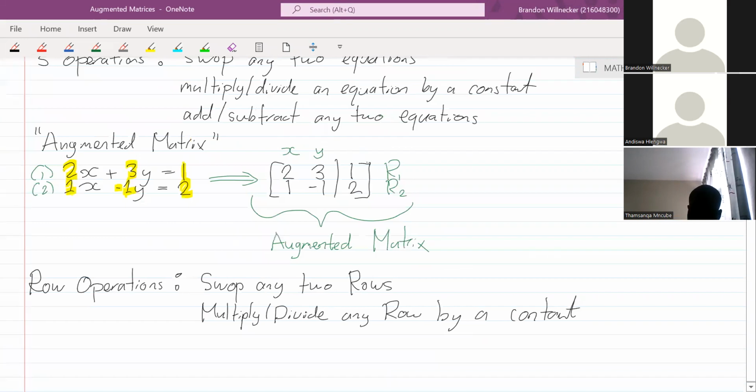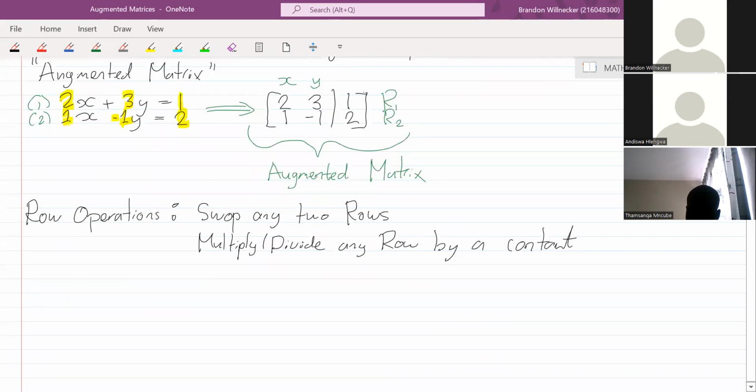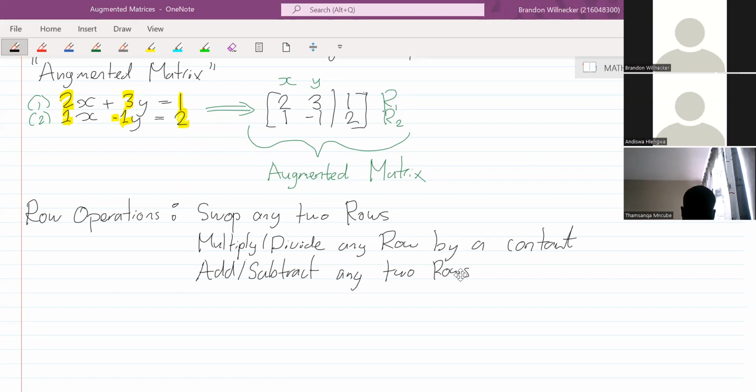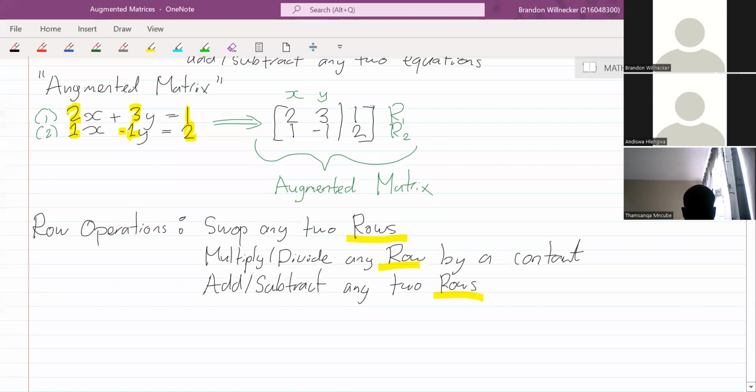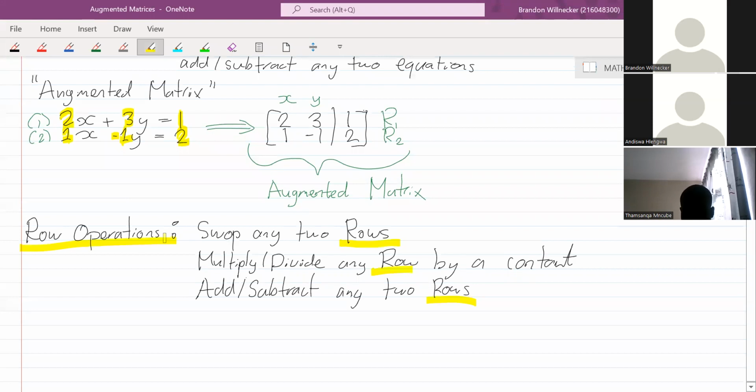Okay, and the last one, add or subtract any two equations. This is going to become add or subtract any two rows. Okay, so you see we've just replaced equation with row. Everything stays the same. Okay, and we call these the row operations. These are very important to know.